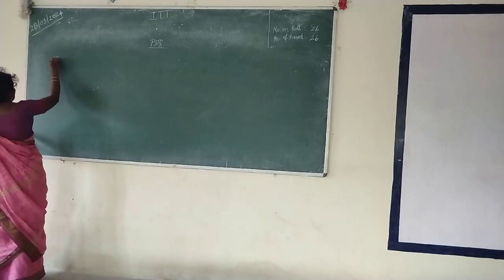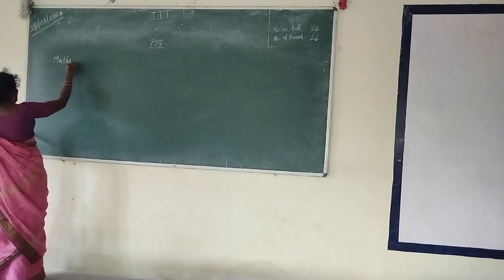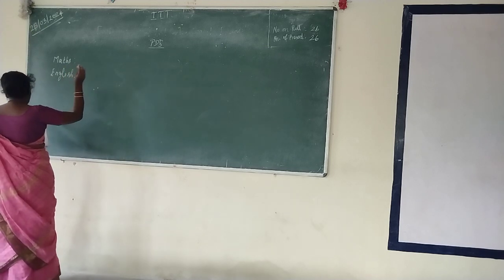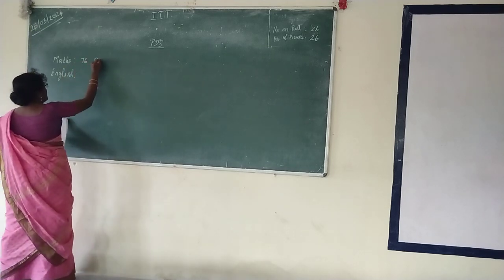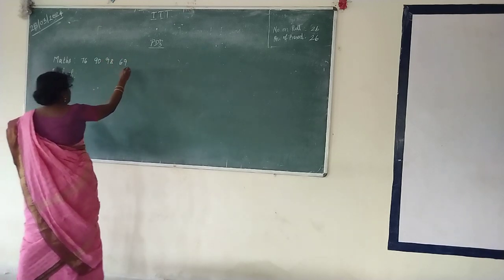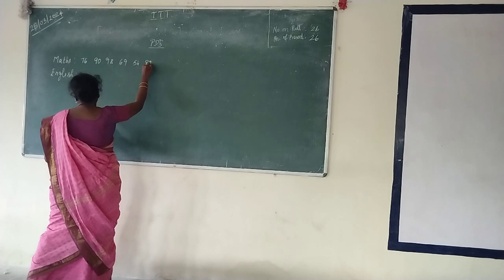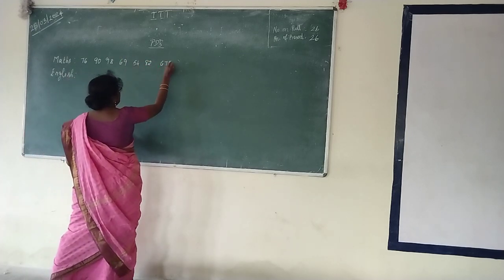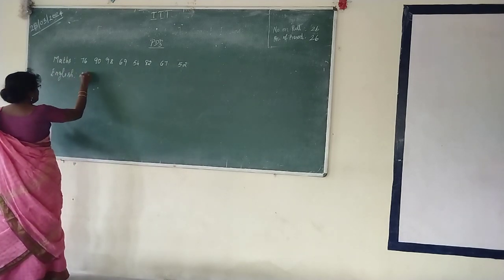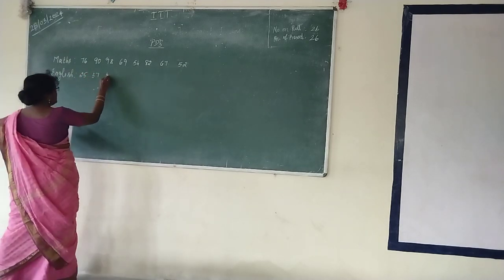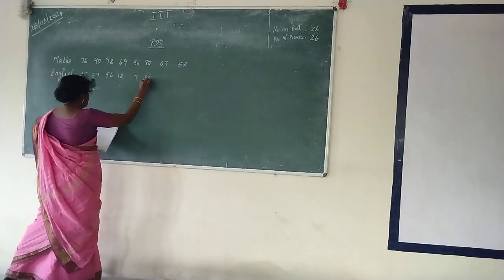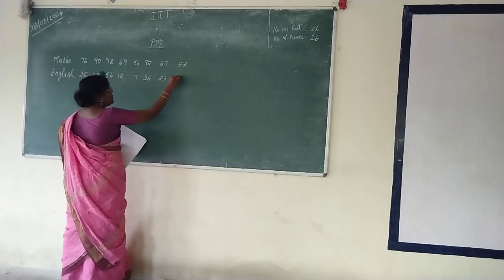So take down. You are given the marks in Maths and marks in English. Marks in Maths are 76, 90, 98, 69, 54, 82, 67, 52. English: 25, 37, 56, 12, 7, 36, 23, 11.